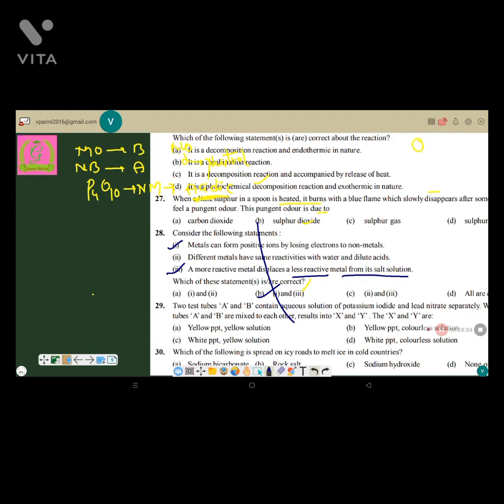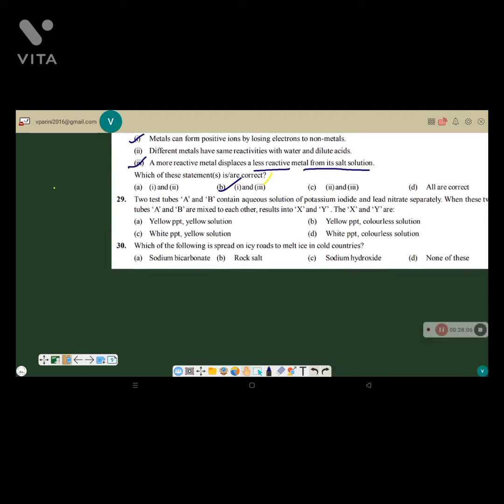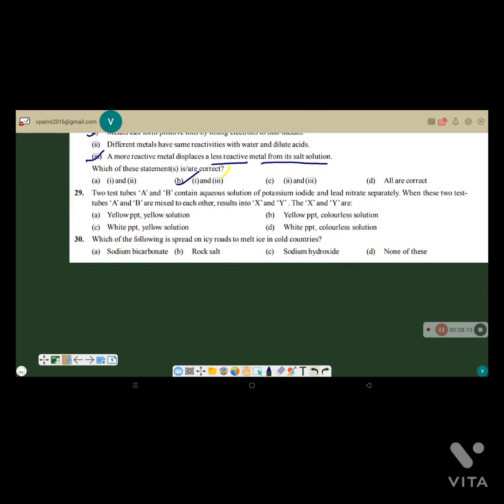Two test tubes A and B contain aqueous solutions of potassium iodide and lead nitrate. The same question is repeated here. Already we discussed potassium iodide and lead nitrate. So what will the formula be here?